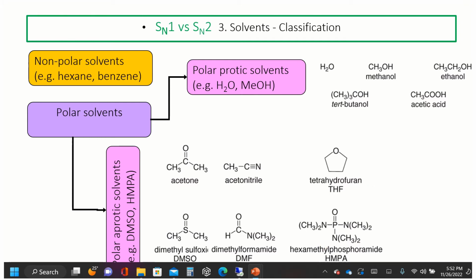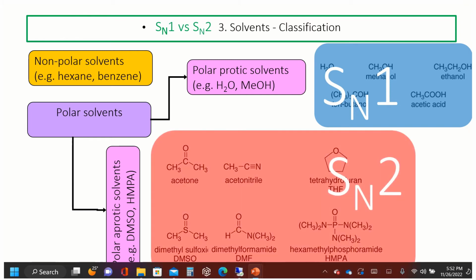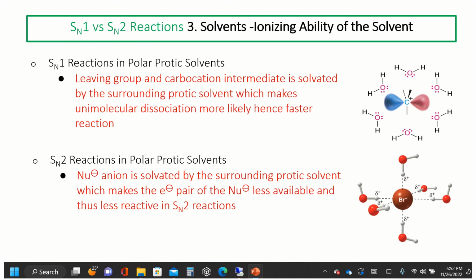The protic solvents are favored by SN1 reactions, while aprotic solvents are preferred for SN2 reactions. Why is that? In SN1 reactions, the polar solvent stabilizes the carbocation and the leaving group, and the protic end will stabilize the leaving group.